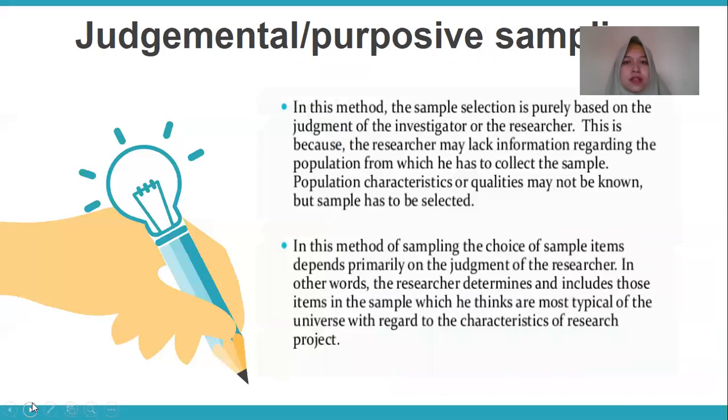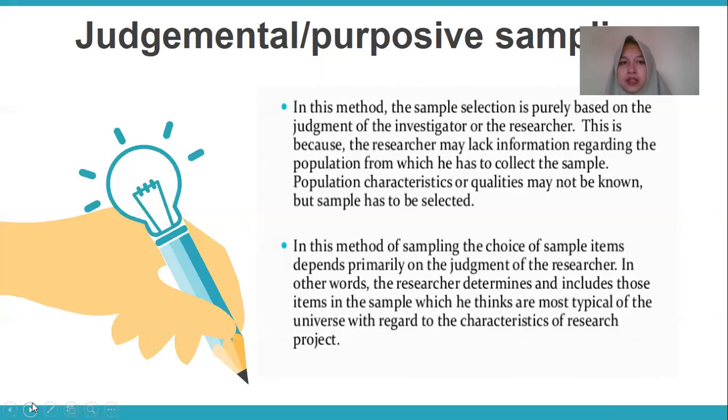The second one is judgmental or purposive sampling. In this method, the sample selection is purely based on the judgment of the investigator or the researcher. This is because the researcher may lack information regarding the population from which he has to collect the sample. Population characteristics or qualities may not be known, but a sample has to be selected.